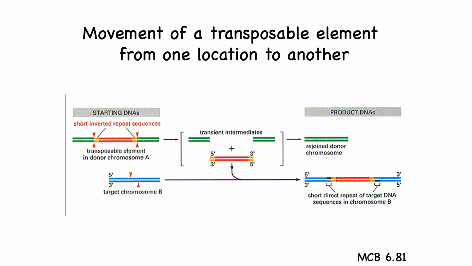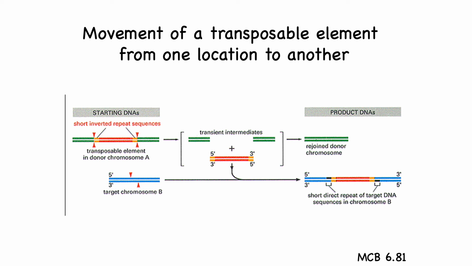Okay, so these transposable elements can be excised from one location and moved to another. Some of them appear to be pretty random. Others appear to have some kind of control. But a typical transposable element seems to move somewhat randomly.